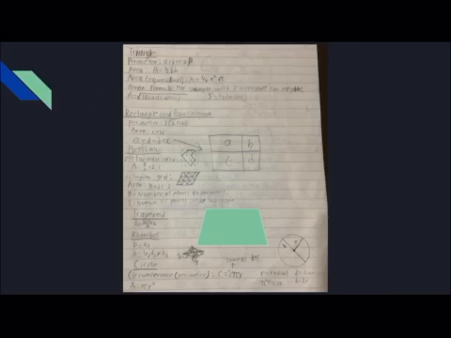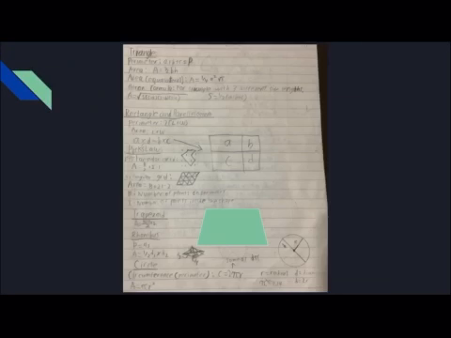So put them in order, like a is the first one, b is the second one, and c is the third one. So s is equal to half of a plus b plus c. And then the area equals the square root of s times s minus a times s minus b times s minus c.